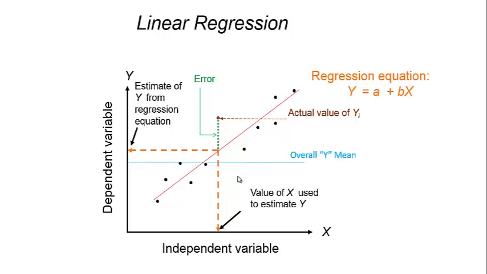We can also look at overall value of y's. They are represented by the mean of all y's observed. We do have a difference at any point between the estimated y and overall mean, and we call this the difference or deviation due to regression.